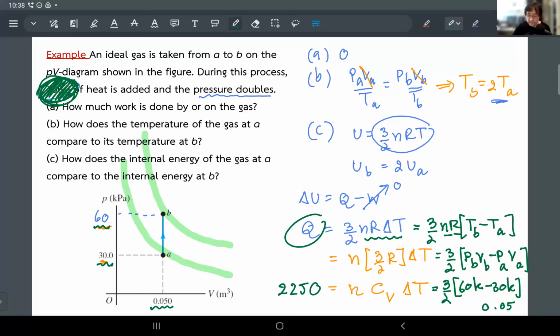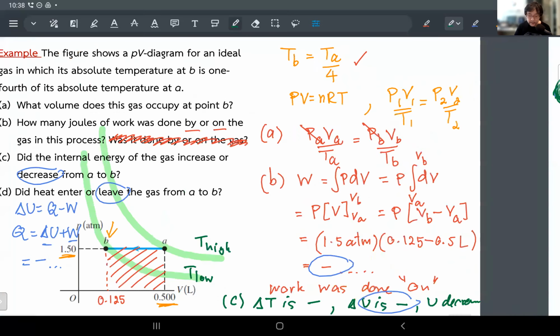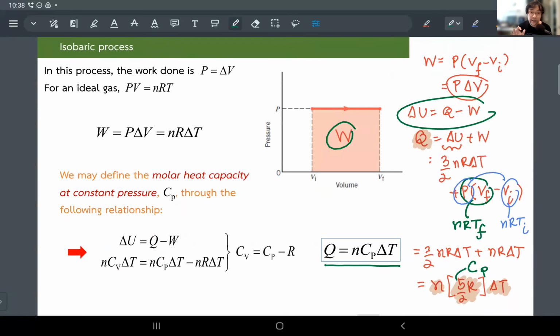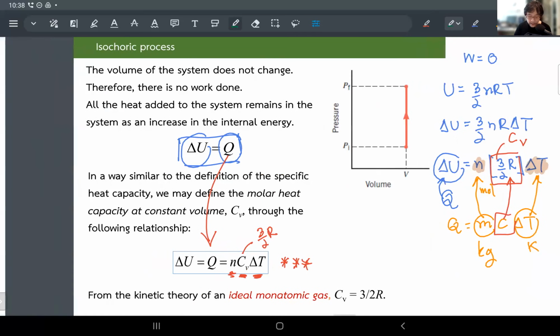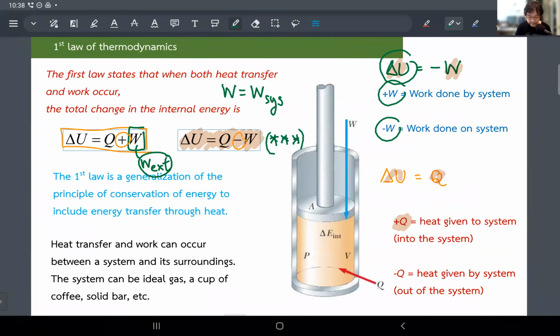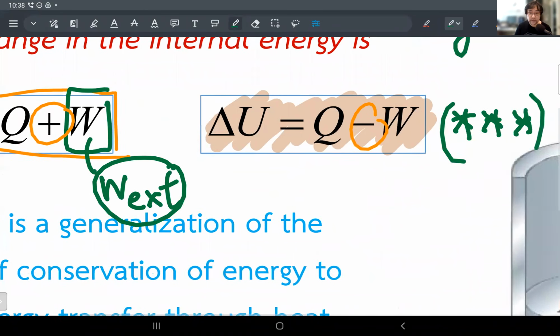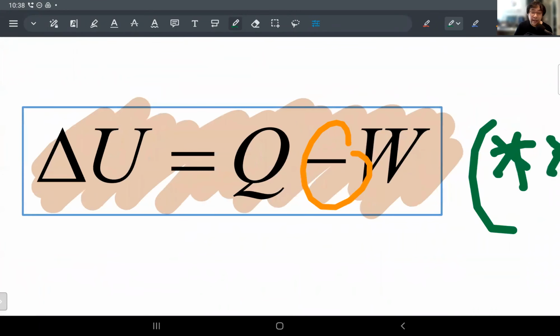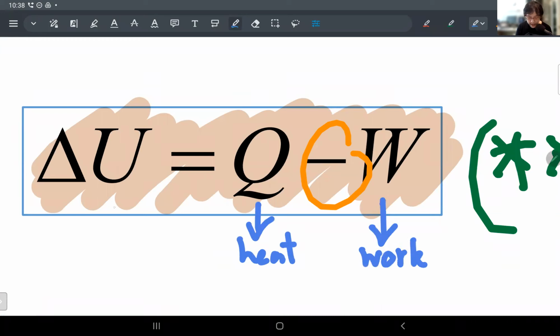Okay, so here comes the key conclusions, and that's the part that I really want to stress. You need to know everything before you answer the question, because what we are learning right now is the first law of thermodynamics, guys. Now the player that comes into play is heat, and you have work, and of course the temperature change.